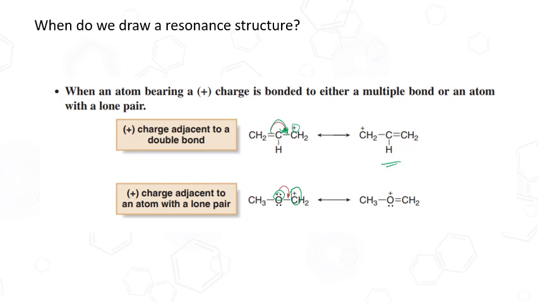So again, that's extra electrons, and there's a positive, electron-needing atom here, so it will try to compensate for that positive charge on that carbon. And that's when you get a possible resonance structure. So again, it's a lone pair next to a multiple bond or a positive charge next to a multiple bond. That's when a resonance structure is possible.